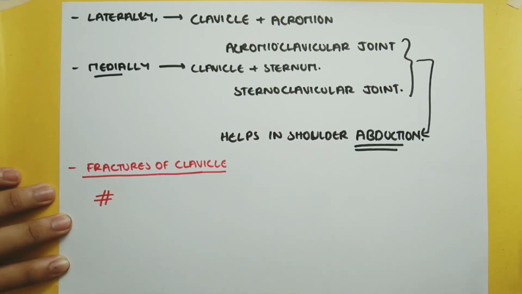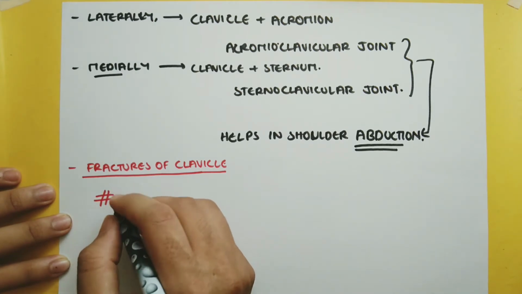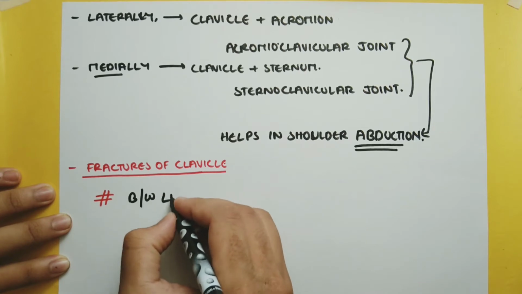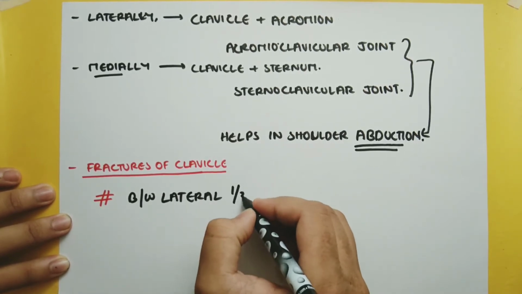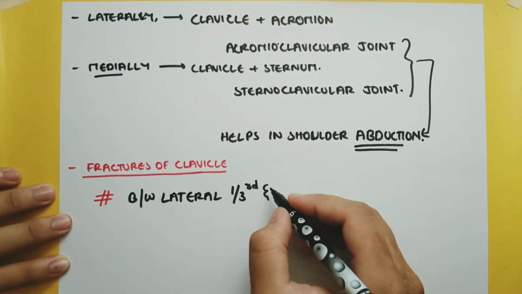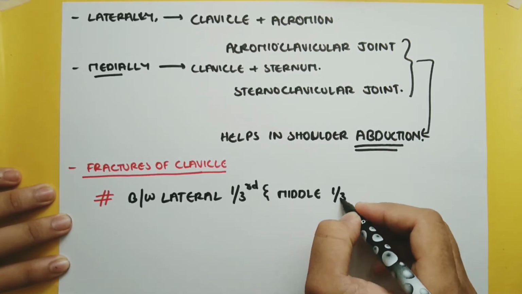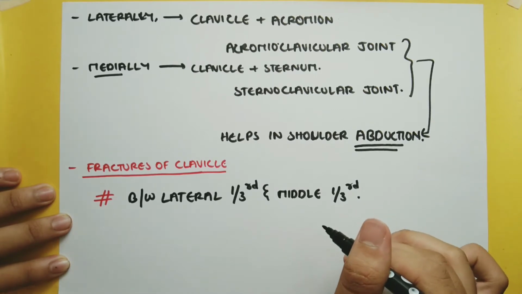This is the fracture symbol. Generally, the fractures occur between the lateral 1/3 and middle 1/3, not the medial 1/3.